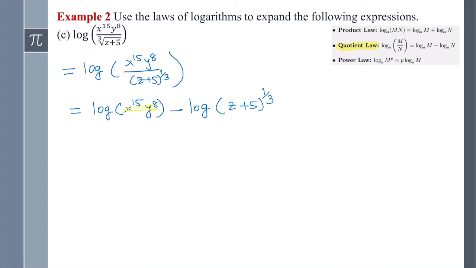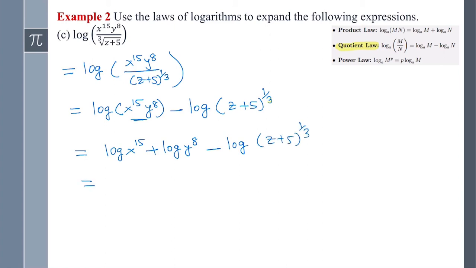So we are going to write that as log x to the 15 plus log y to the 8 minus log z plus 5 to the 1/3.